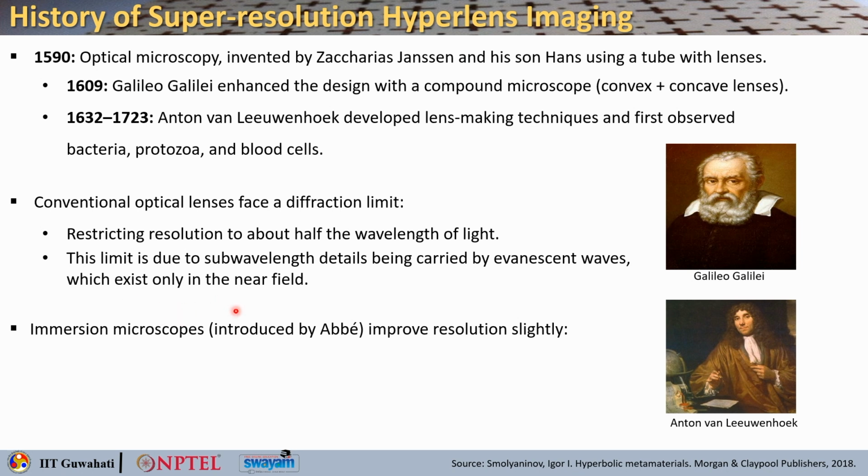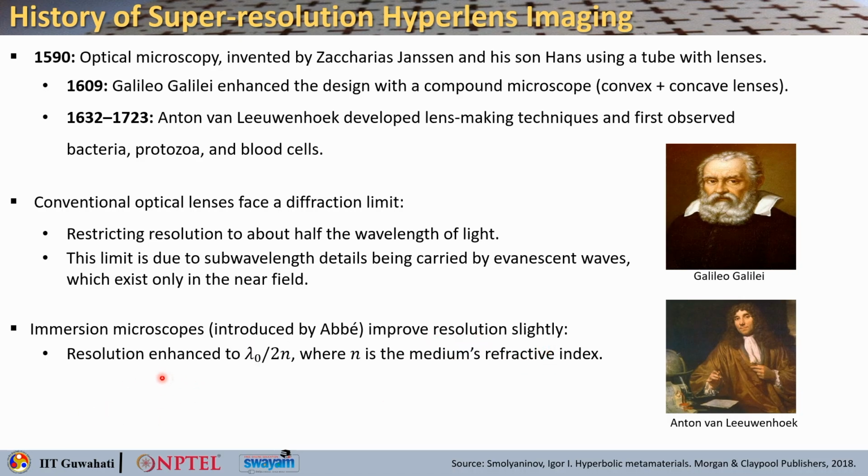So, in order to capture those, immersion microscopes were introduced by Abbe that could improve the resolution slightly, and the resolution was enhanced to lambda naught by 2n. Here n is the medium's refractive index, but you cannot make n as high as possible because there is a limited range of transparent materials.